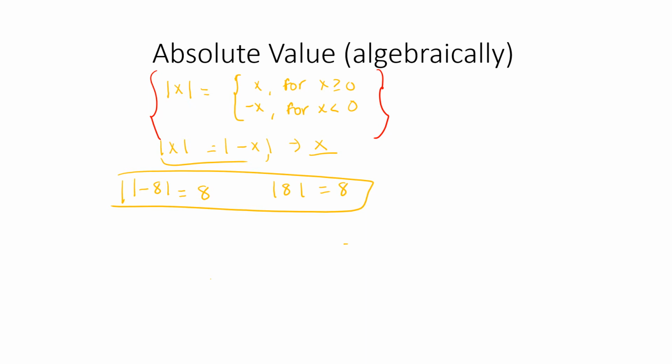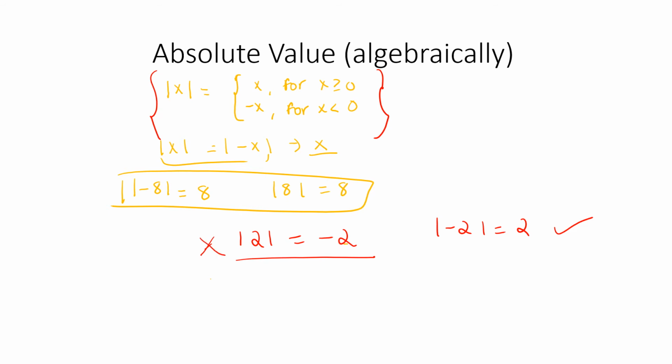And you know, by this we can say that an absolute value can never be negative. So if you see something like this, you know this is wrong because an absolute value can never be negative. If it were something like that, that's true, that's correct, but this is wrong.